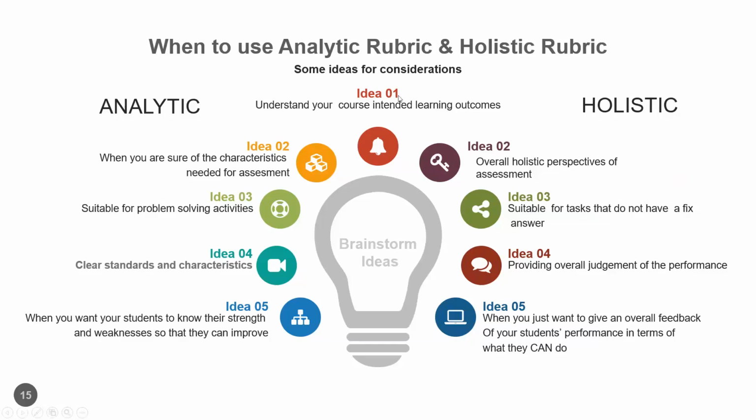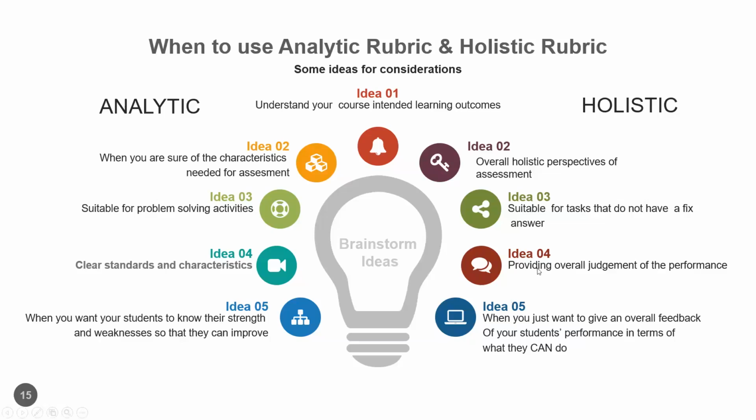When it comes to the holistic, as I mentioned, the word holistic means a holistic perspective of assessment. So there's no one fixed answer. When you are giving a task that does not have a fixed answer, then having a holistic rubric would be better. And you are able to give them feedback as you deem suitable.